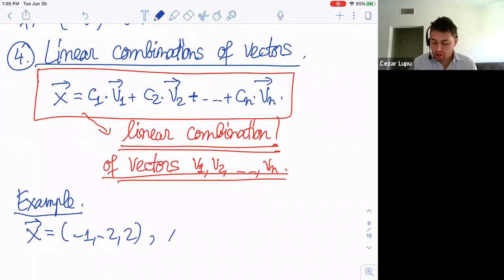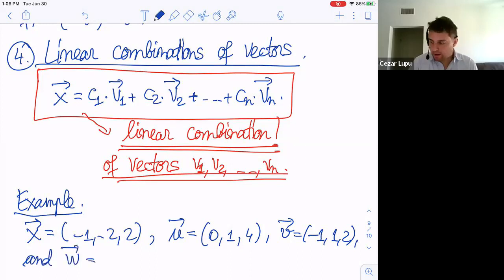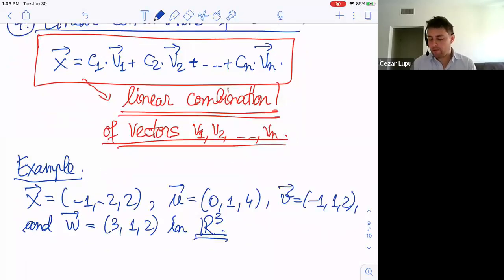I'm going to consider vectors in R3. u is 0, 1, 4, and v is -1, 1, 2. And let's consider another one, w, which is 3, 1, 2 in R3. I want to make myself clear that these vectors are in R3.